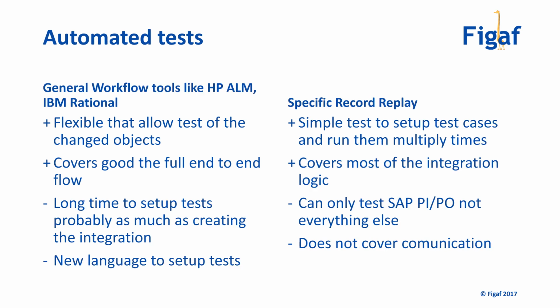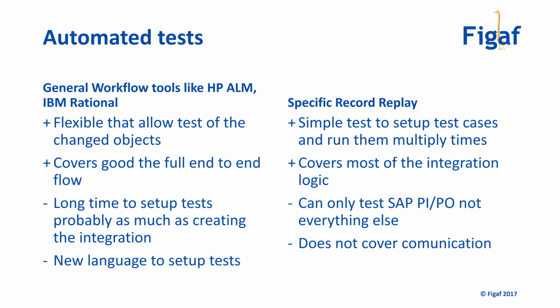There are also some automated tools for this, like HP's ALM or IBM's Rational. The benefit of these is they're really flexible tools that allow you to test all the changed objects. They cover end-to-end flows, so you can create a message in your SAP system and verify that it looks correct by looking into the database of your warehouse system.